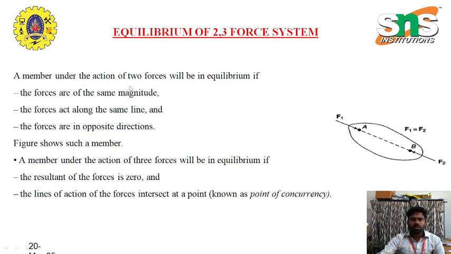A member under the action of two forces will be in equilibrium if the forces are of the same magnitude, act along the same line of action, and are in opposite directions. For a member under the action of three forces, the condition is that the resultant of the forces is equal to 0, and the lines of action of the forces intersect at a point, known as the point of concurrency, and it remains in its state of equilibrium.